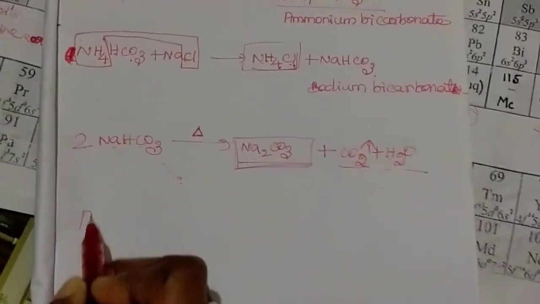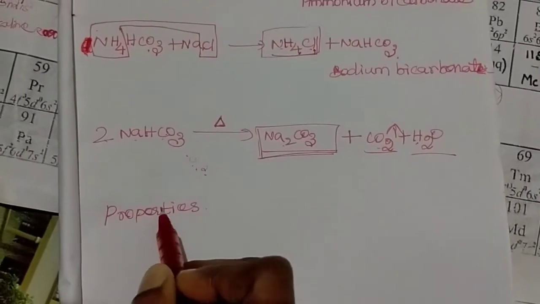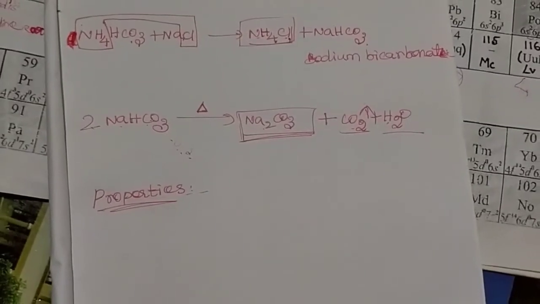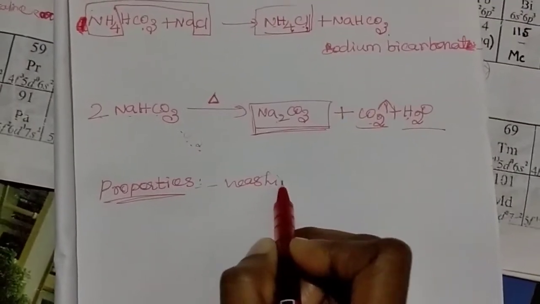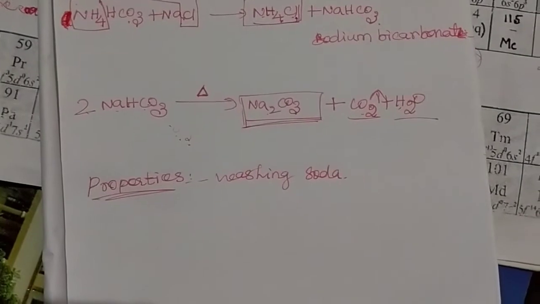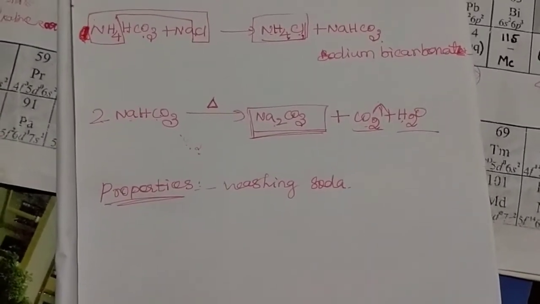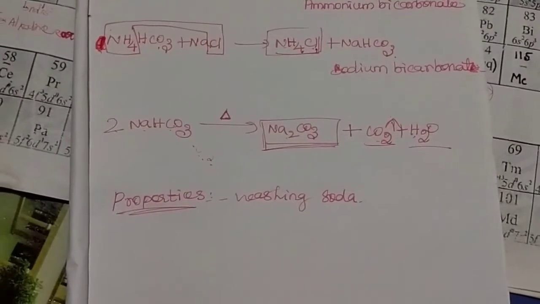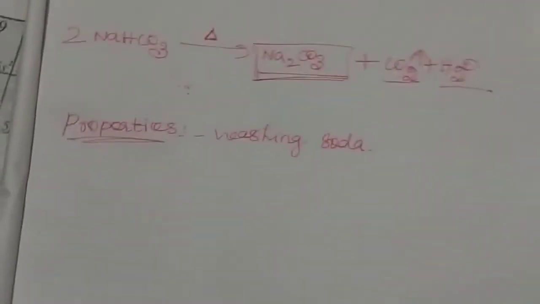Next are the properties of sodium carbonate. Another name of sodium carbonate is washing soda. It is crystallized as the decahydrate. The decahydrate, a white crystalline solid, is known as washing soda.